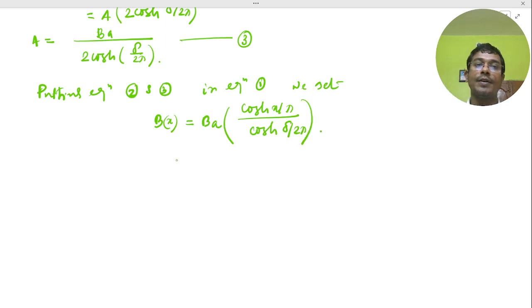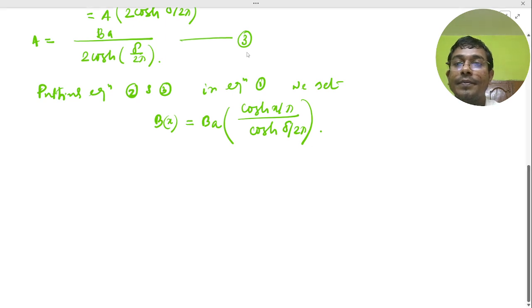This would be our answer: Bx equal to Ba cosh(x by lambda) by cosh(delta by 2 lambda).